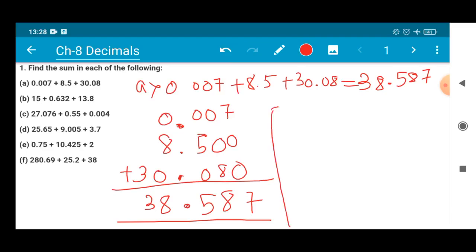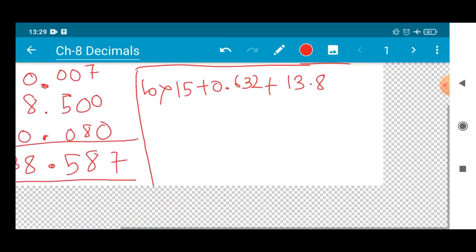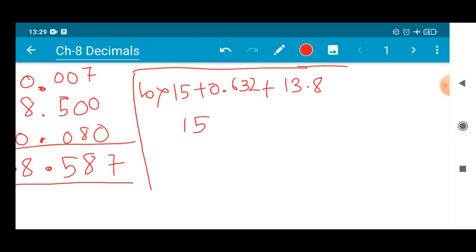Okay, so this is very important. Most of the students make a mistake while arranging the place of the digits when there is a decimal number. So the next one which we have is 15 plus 0.632 plus 13.8. Now 15, as there is no decimal, but we can make a decimal.